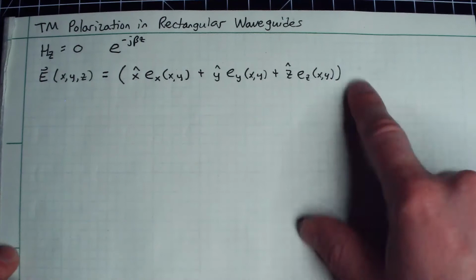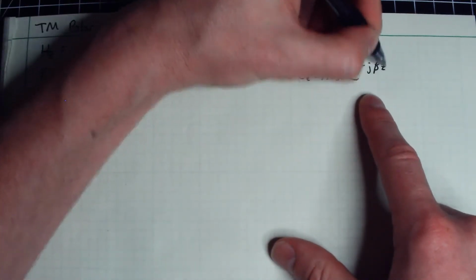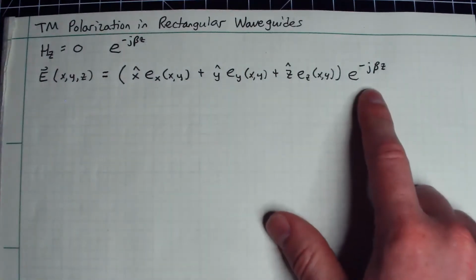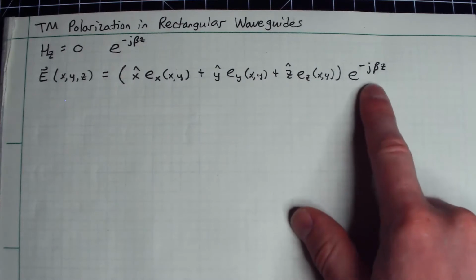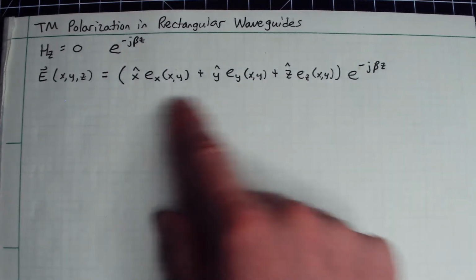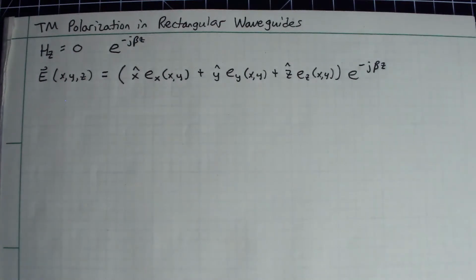And then all of my z dependence was factored out into this thing over here. So remember, we made this presumption that whatever my solution is inside of my waveguide, this is what the z dependence will look like. So I reduced my field components to this little e to kind of encapsulate that presumption.